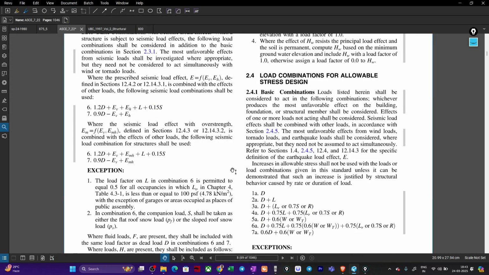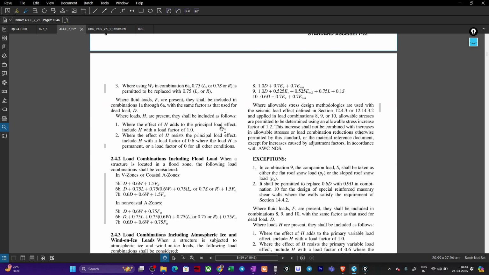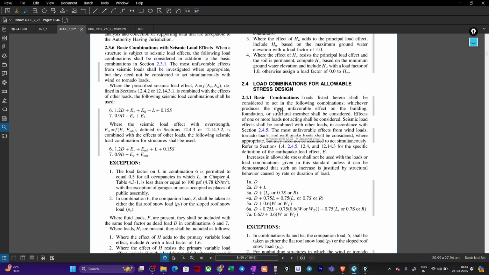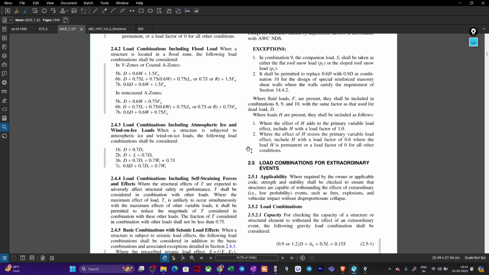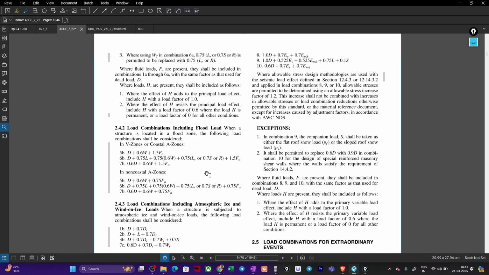And if I go down here, I have the serviceability combinations, load combination for allowable stress design. So here if I go to, let me see where it is.